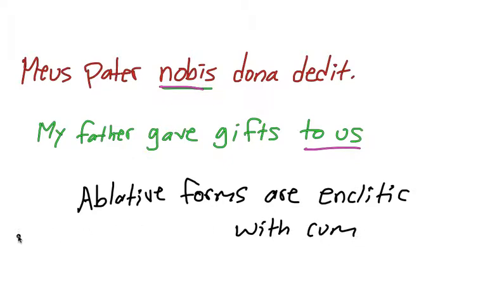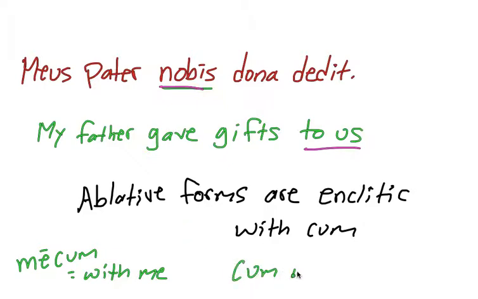So here's an example. I would say me cum, with me. So the cum becomes an enclitic, like que would be an enclitic or ne would be enclitic. I can't say cum me. That's a no, right? So the cum has to be enclitic.